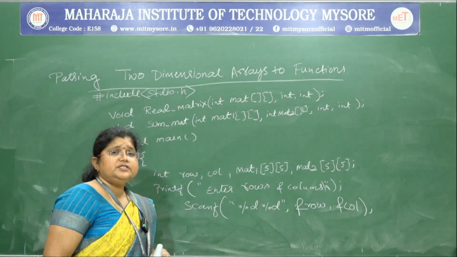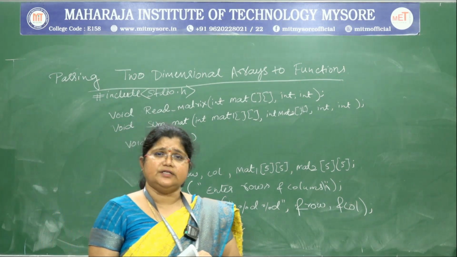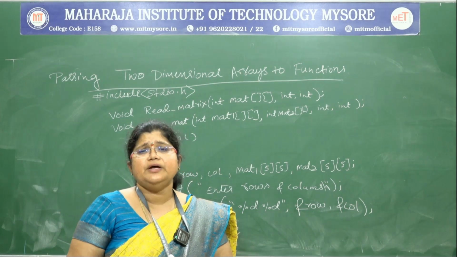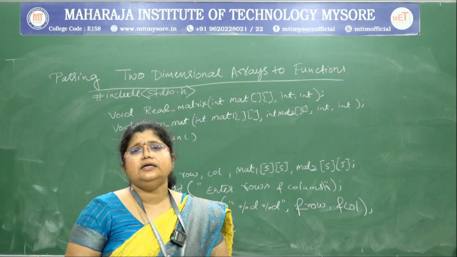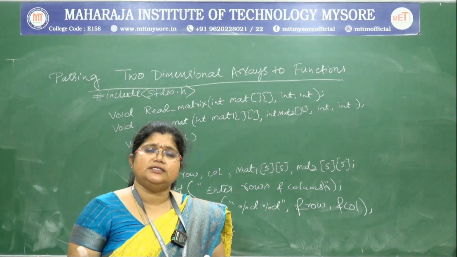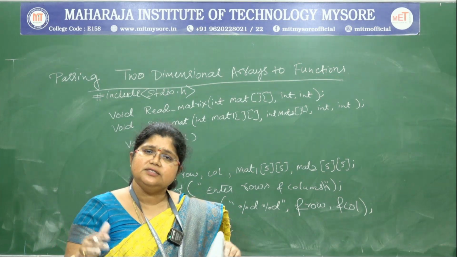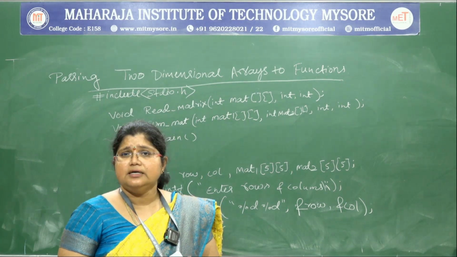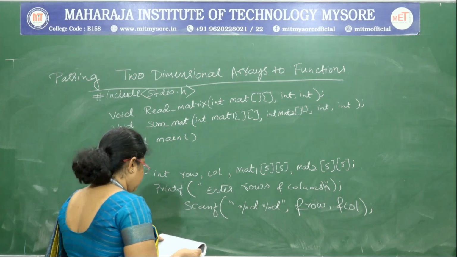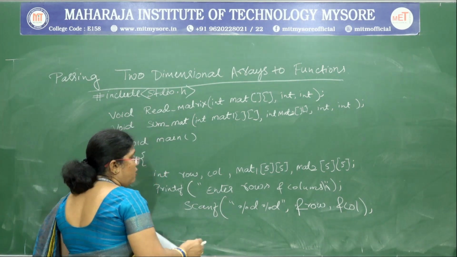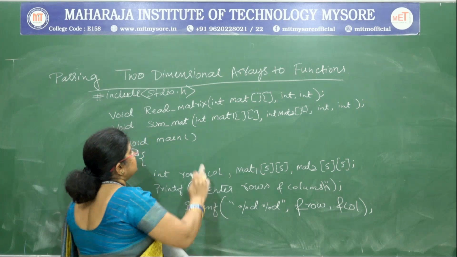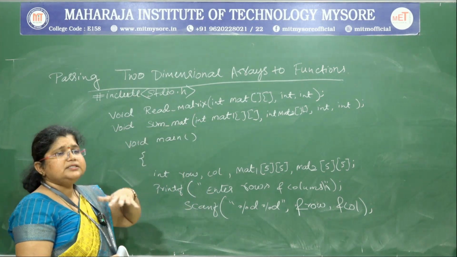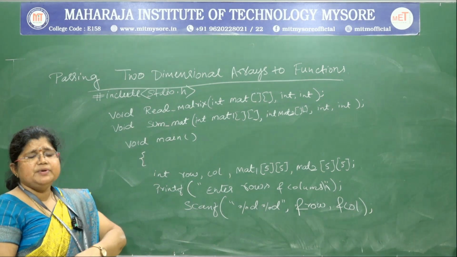Now the first step after this is to read the elements of the first matrix, and next to read the elements of the second matrix. We have written the function separately. So the next step is to call the read_matrix function. We are going to declare the two functions, read_matrix and sum_matrix, and the entire matrix must be passed.